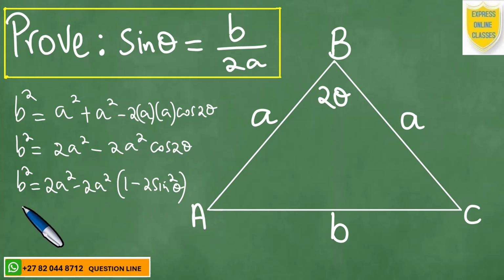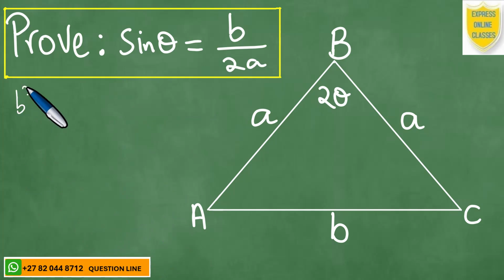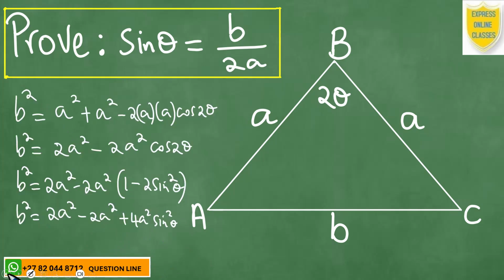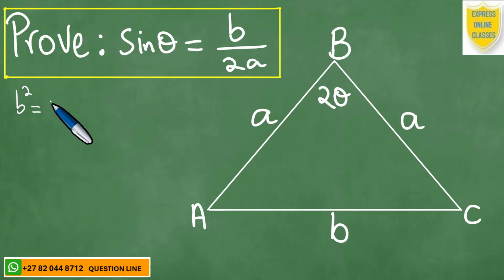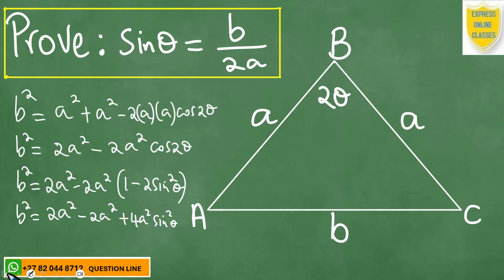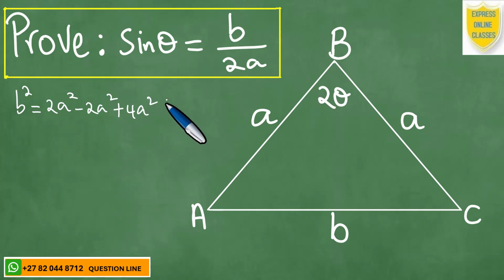And so we multiply through by the 2a squared, getting b squared equals 2a squared minus 2a squared plus 4a squared sine squared theta.